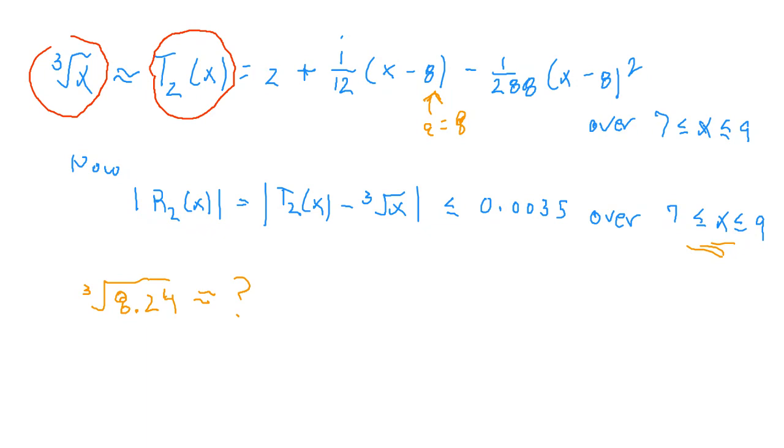Perhaps a Taylor polynomial algorithm is programmed in the calculator, and they use that Taylor polynomial approximation. Well, let's try to use our Taylor polynomial approximation, the one here, to approximate the cube root of 8.24.